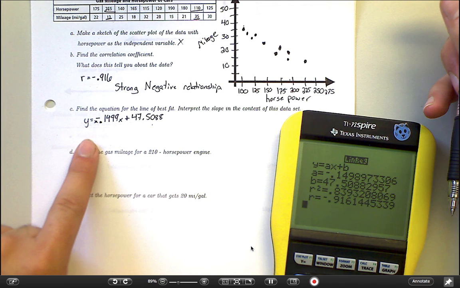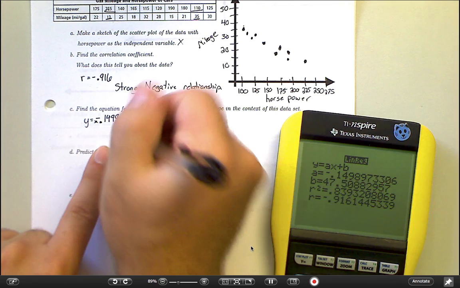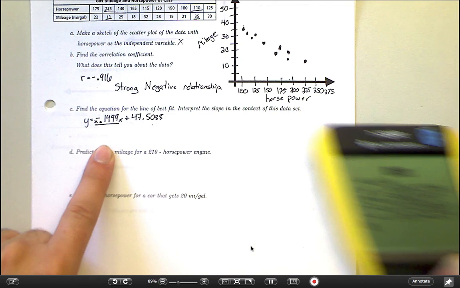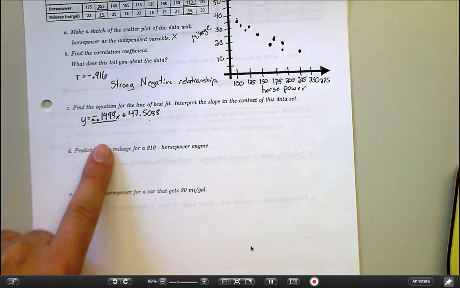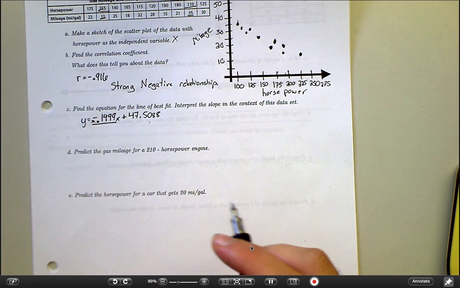Okay. From there, we are going to go ahead and interpret the slope. So the slope is the value that goes in front of the x. So that's the negative 0.1499. And because it's negative, we know that that means we're decreasing. Okay?